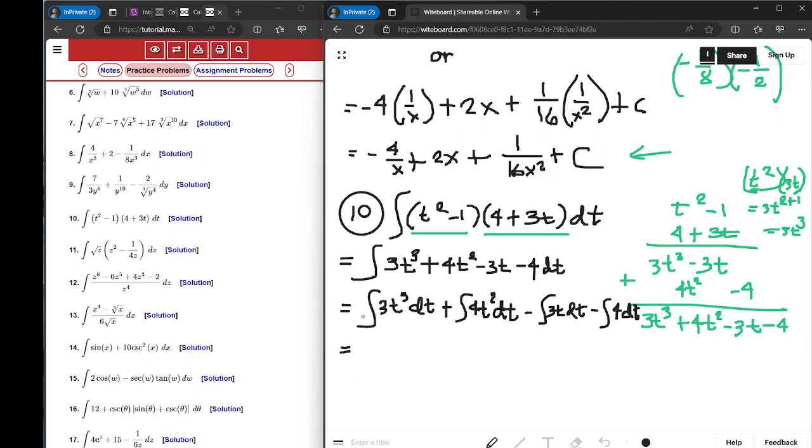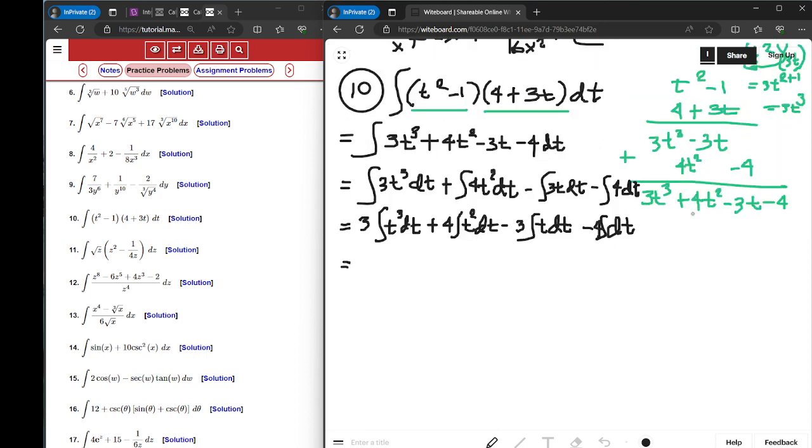Then move out the constant values: 3 times the integral of t cubed dt plus 4 times the integral of t squared dt minus 3 times the integral of t dt minus 4 times the integral of dt.